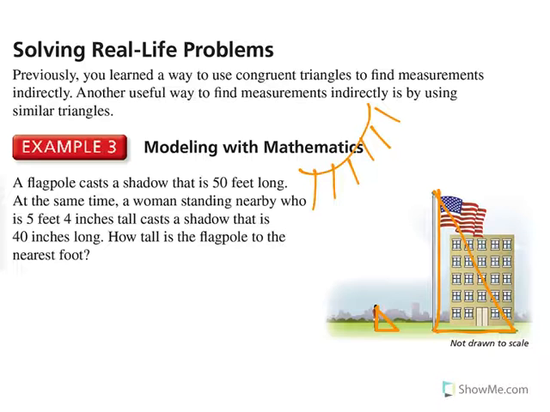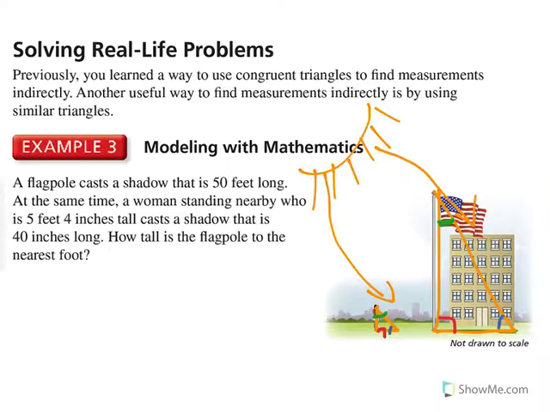And so it casts light off this flagpole at the same angle that it casts light off of this girl. So we know that these angles would be the same, this angle and this angle. And then the angle coming off the sun would be the same on the ground. Or, like I said, these people would be standing perpendicular with the ground. So we would have right angles in there.